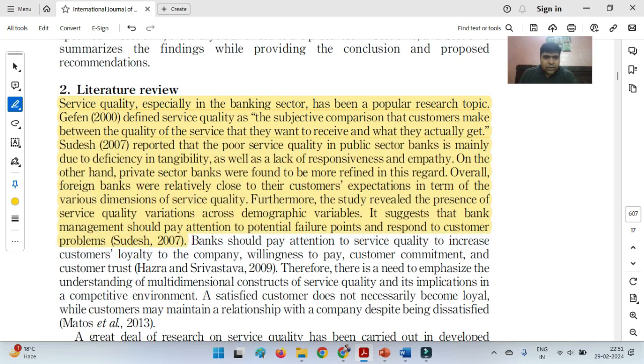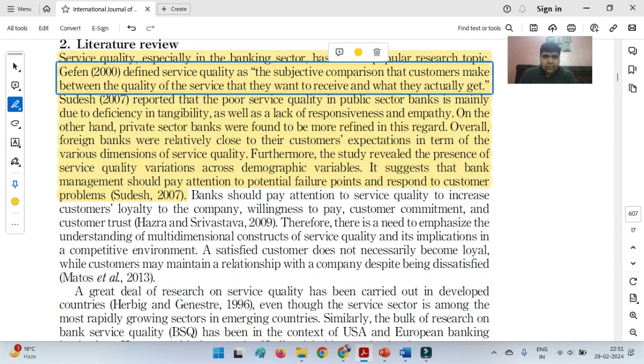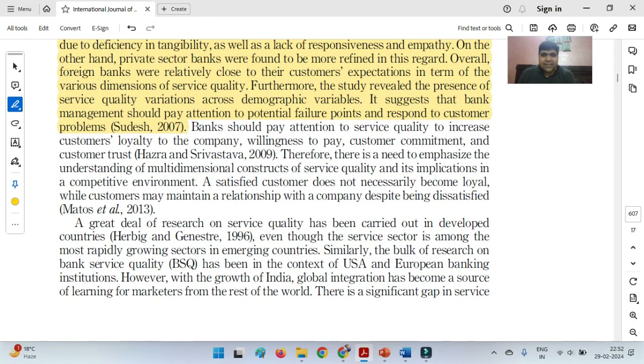There are two literature reviews. Now, this is also a kind of style of writing. See, Sudesh reported poor service quality in public sector banks, mainly due to deficiency in tangibility as well as lack of responsiveness and empathy. So, all right, this is one style.